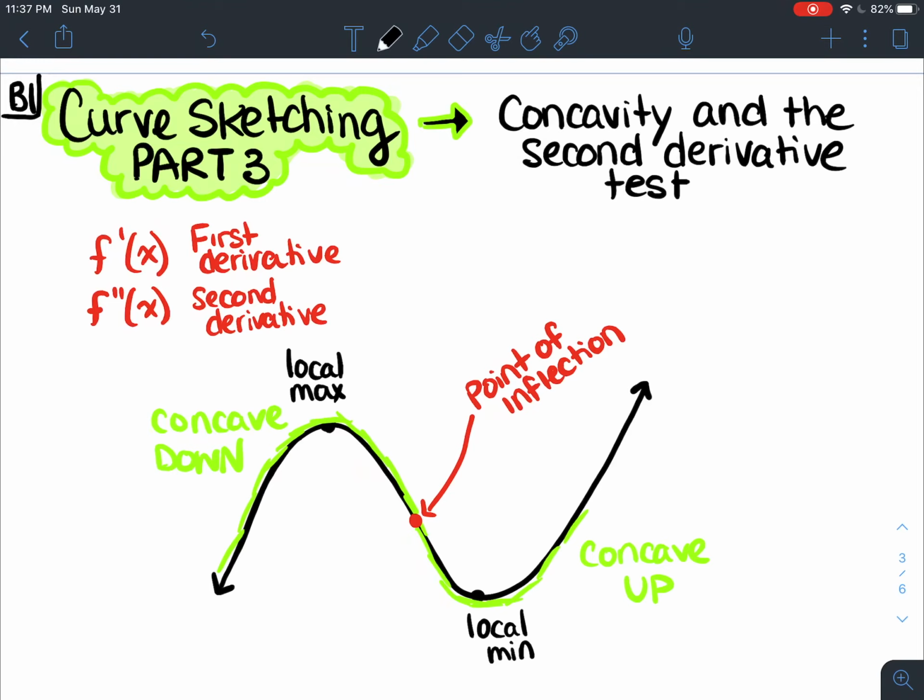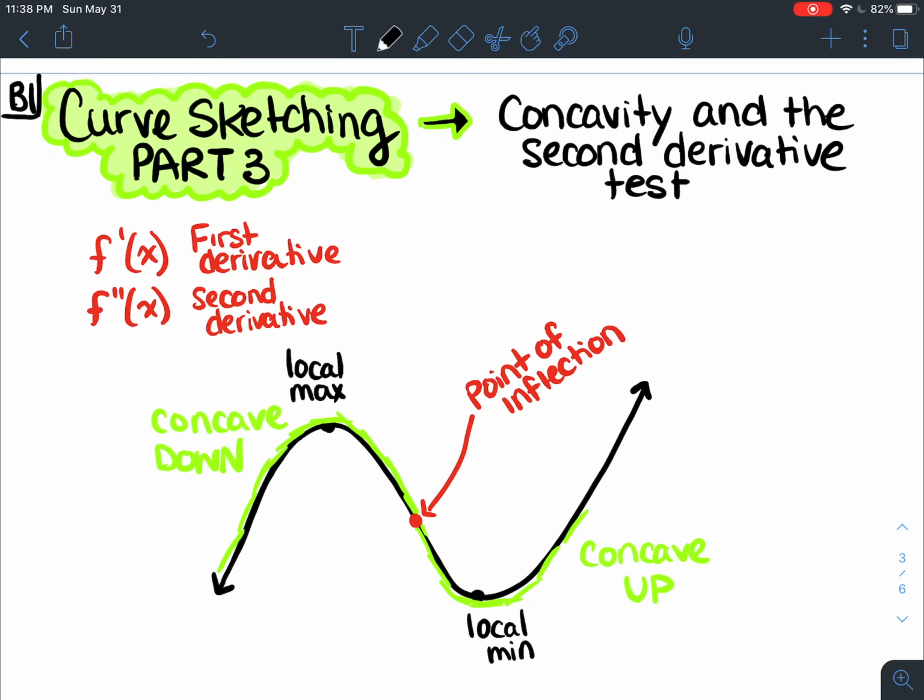So if the first derivative is 0, we know that we're at a max or a min. If the second derivative is greater than 0, then we know that the function is concave up.